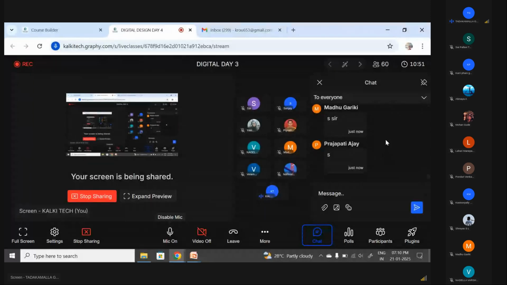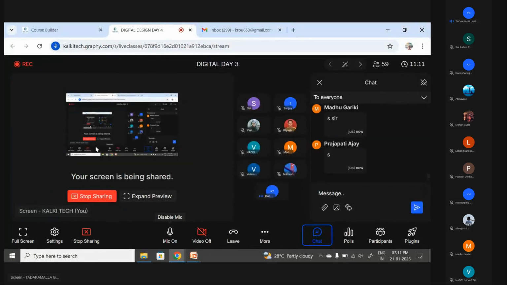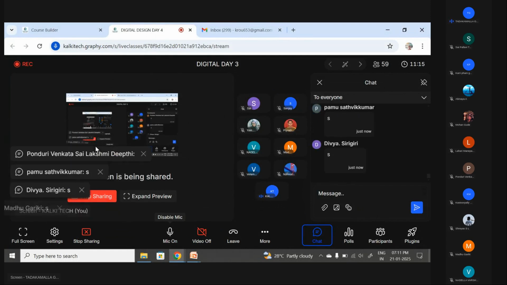If we want to represent any number greater than 9, like 10, 11, 12, then we should write each digit's BCD equivalent. For a whole number we don't have a BCD representation. We have BCD representations only from 0 to 9. Is it clear for everyone? Yes or no? If it is clear, please type yes in the chat box.